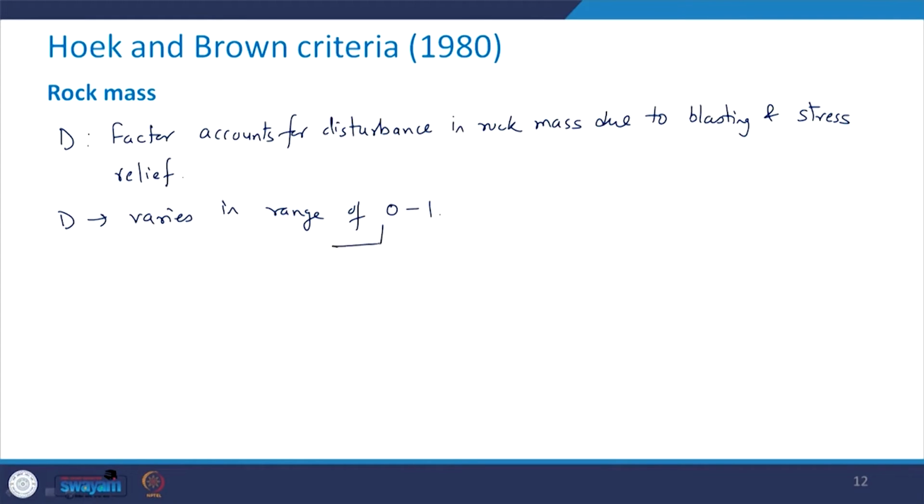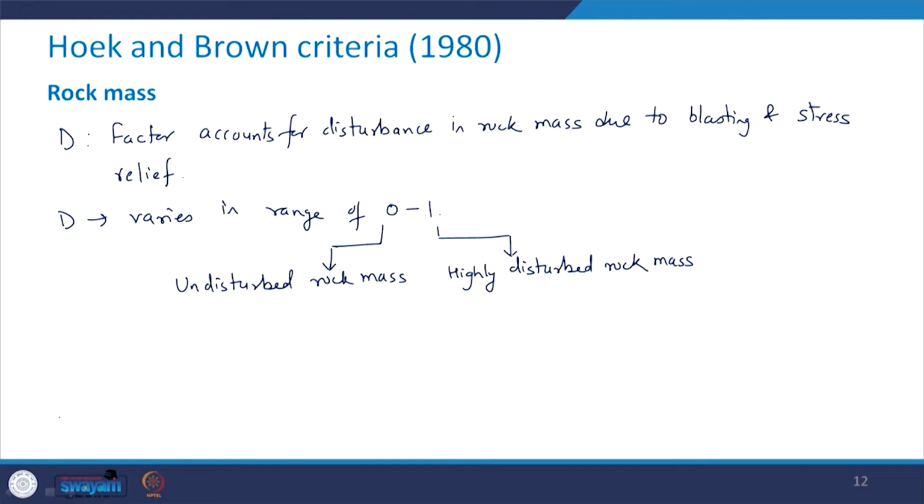0 stands for the undisturbed rock mass, while 1 is for highly disturbed rock mass.